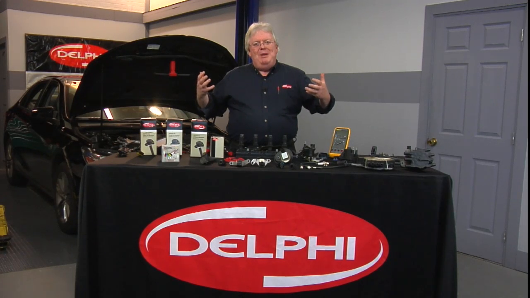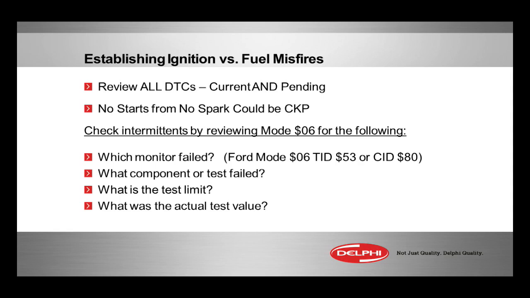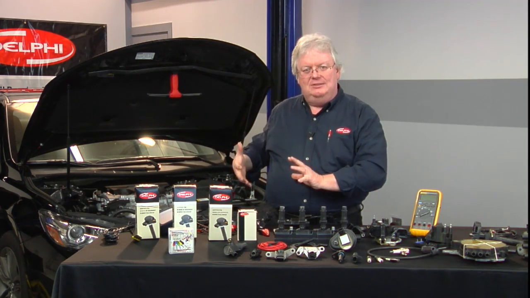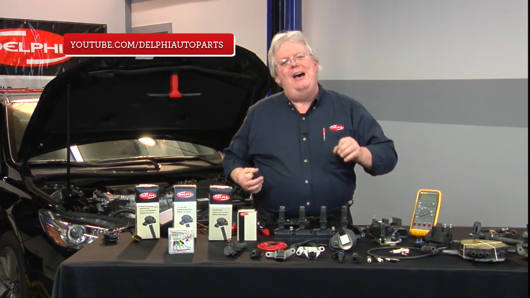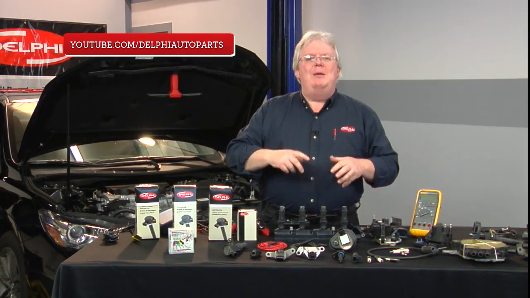Also, other information to help supplement your DTCs, your failure records, pending codes, and so forth would be Mode 6. We did a complete broadcast in recent months on Mode 6 with hands-on case studies. So make sure you go to the Delphi Auto Parts YouTube page and look at the Mode 6 program we did in the past.